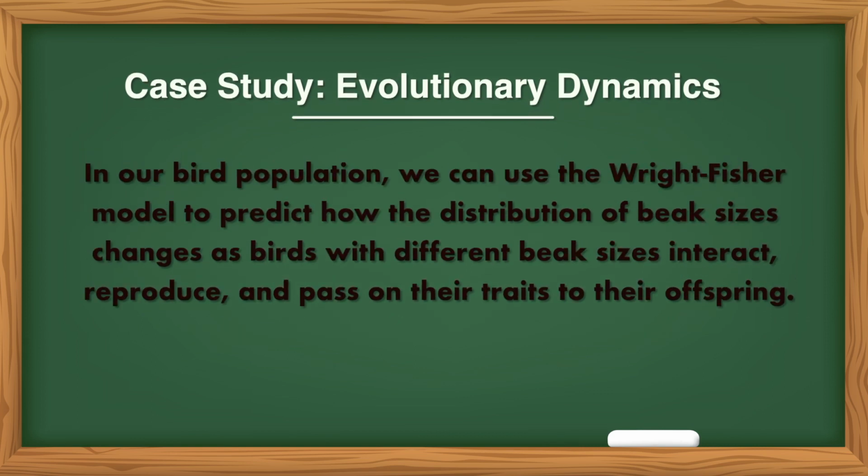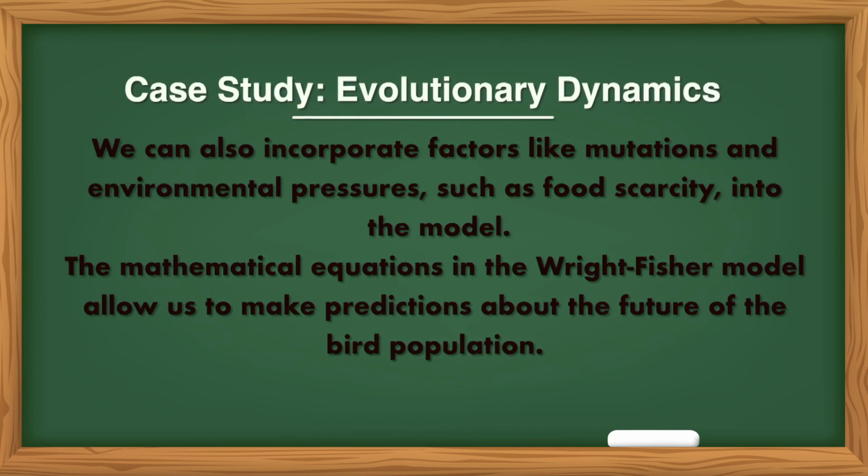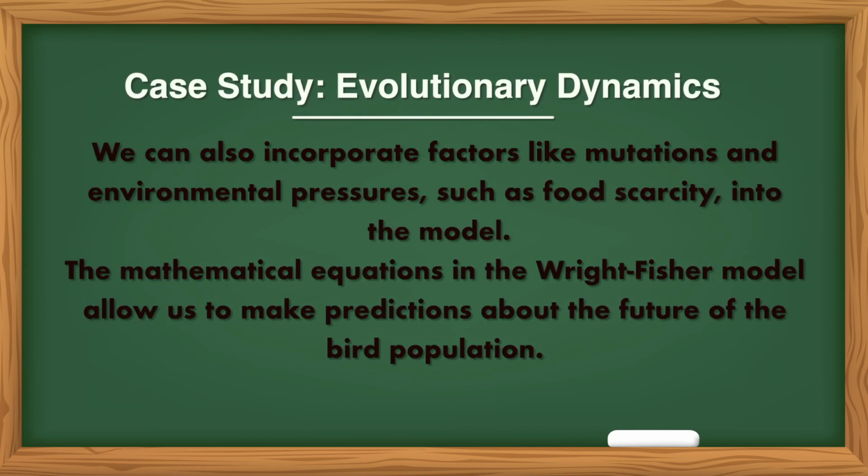In our bird population, we can use the Wright-Fisher model to predict how the distribution of beak sizes changes as birds with different beak sizes interact, reproduce and pass their traits to the offspring. We can also incorporate factors like mutations and environmental pressures such as food availability into the model.